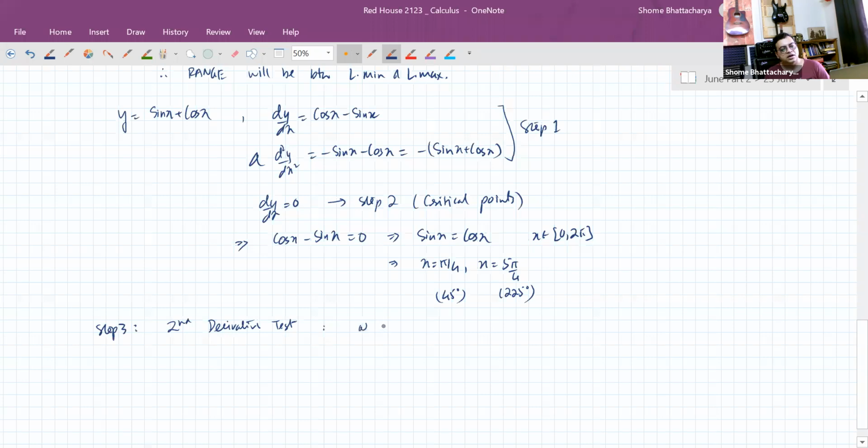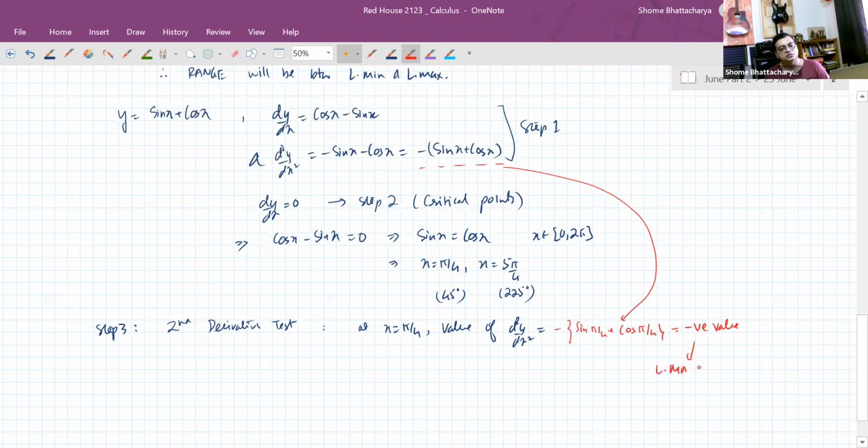So at x equal to pi by 4, the value of d2y by dx square, which is this, substitute here. So it is minus of sine pi by 4 plus cos pi by 4, which is a negative value. So that means there is local maxima at x equal to pi by 4.